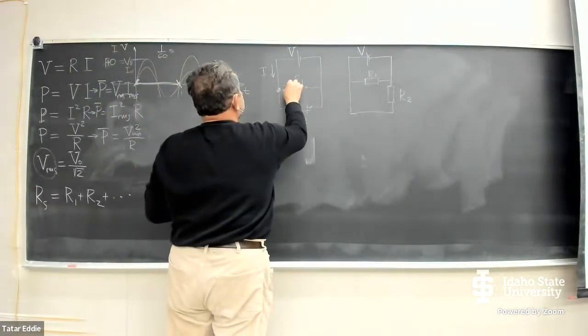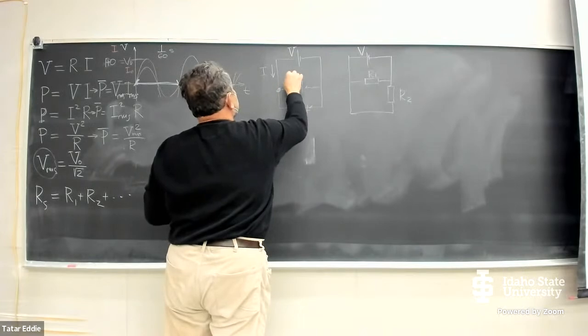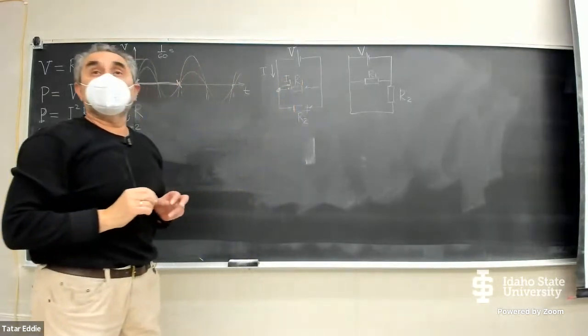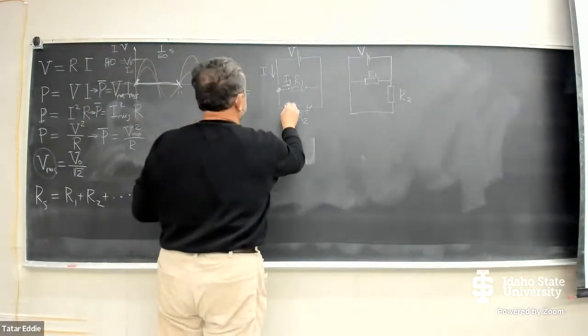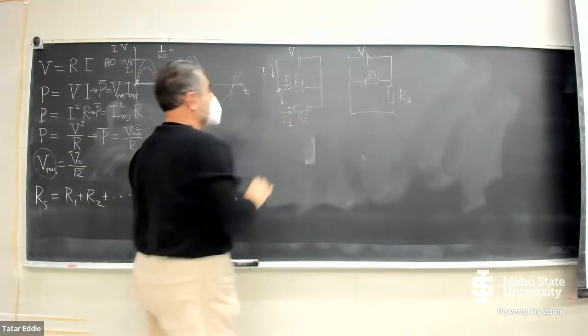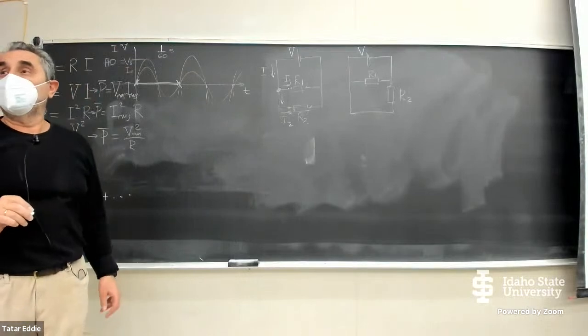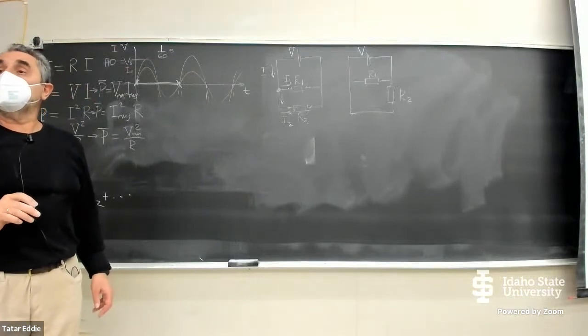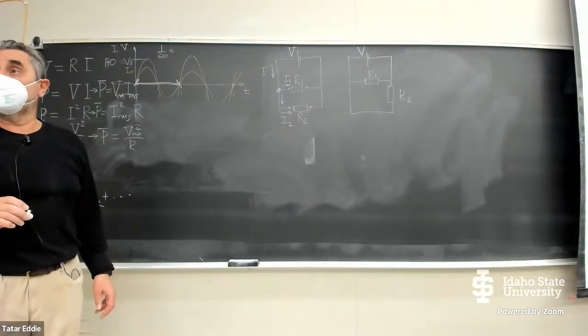One part of the current goes this way in this branch, I1. The second part of the current continues this way and goes to the second resistor, I2. The current is different in the two resistors in general.